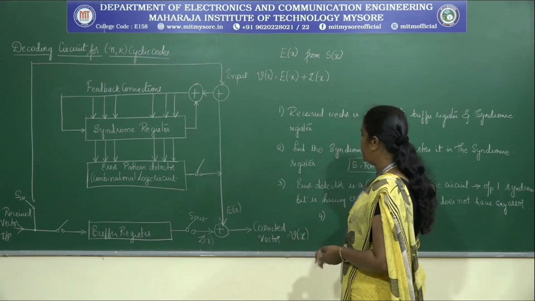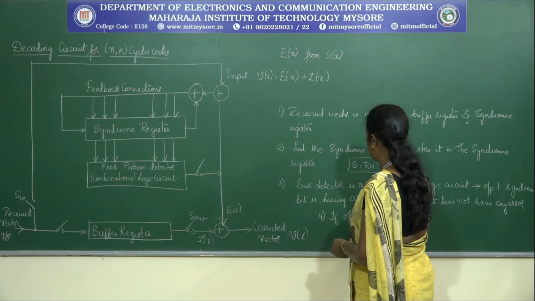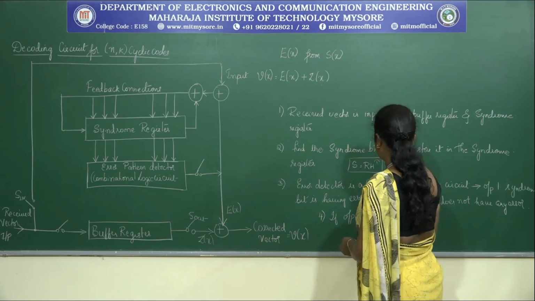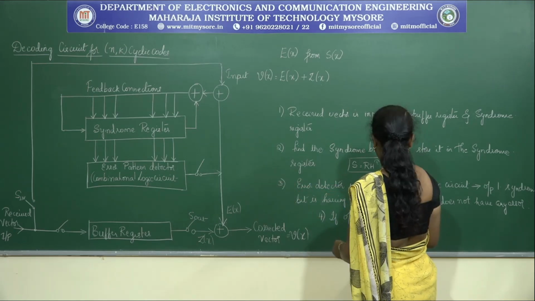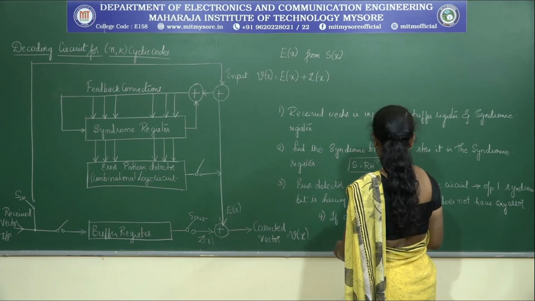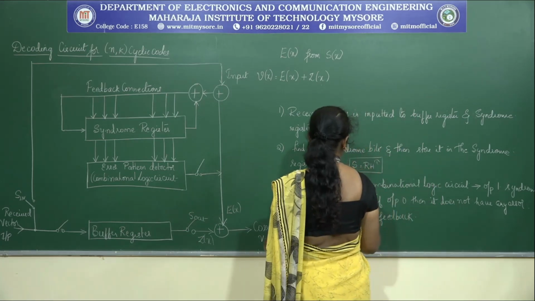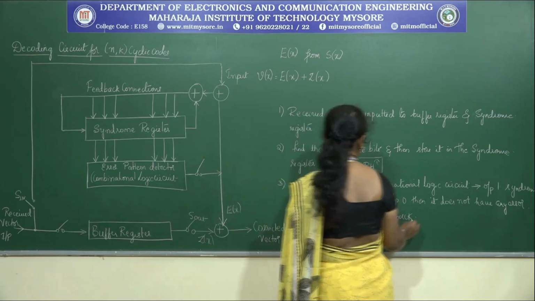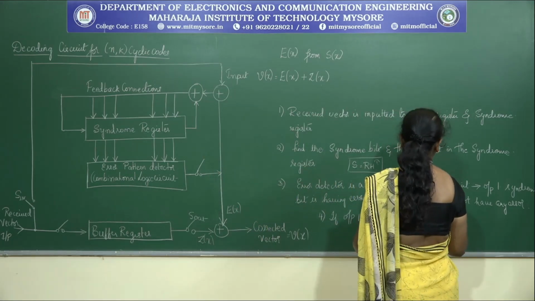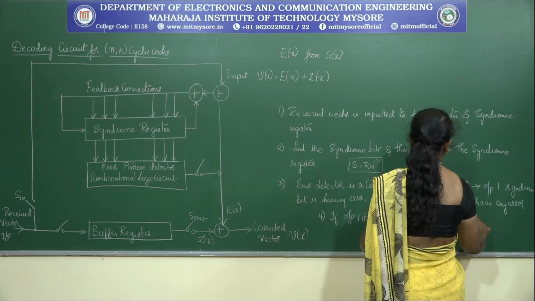In the fourth step, if the detector output is 1, then it is fed back. We have some feedback connections there. If the output is 1, it is fed back to the syndrome register.